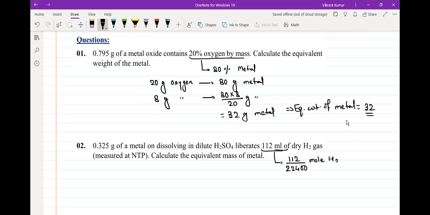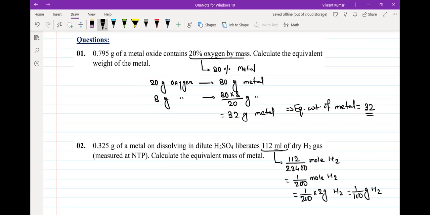Okay, this much of H2 is there, right? Which means it is 1/200 mole H2, which is double of this, because H2's molar mass is 2 gram. So this much of H2 is there.